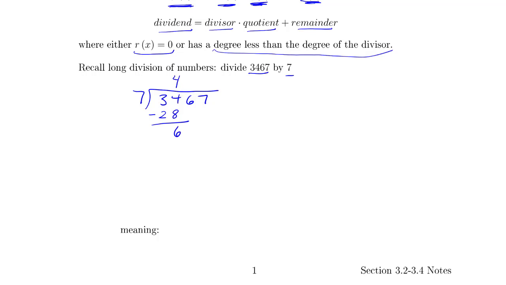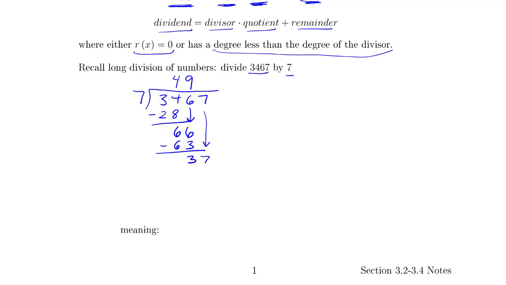Then we repeat. 7 can't go into 6, and it shouldn't be able to, otherwise we would have had a bigger number in the previous step. So we bring down the 6 and look at putting 7 into 66. 7 goes into 66 9 times, you get 63, subtract, and you get 3. 7 can't go into 3, so we bring down 7.